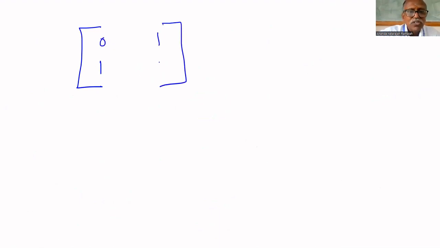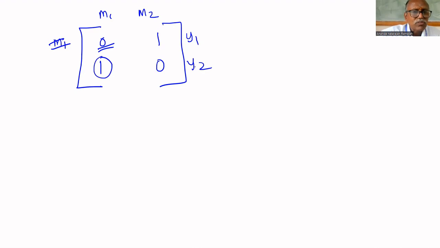In that relative gain array, suppose you are getting values like this, 0 1 1 0. Here this corresponds to M1, this corresponds to M2, this is Y1, Y2. The 0 means M1 has no effect on Y1, M2 has effect on Y1. Here M1 has effect on Y2 and M2 has no effect on Y2. Therefore we can control Y1 by M2 and Y2 by M1.